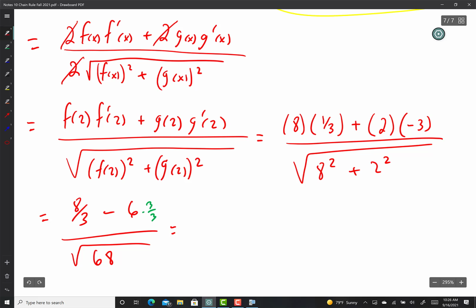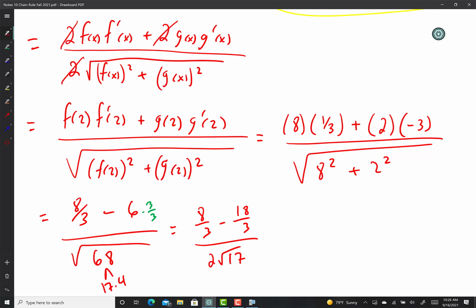So I have 8/3 minus 6, 12, 18. 18 over 3 over, now square root of 68 breaks down to 2 times square root of 17. 17 times 4 is 68, so the square root of 4 is 2. We still okay, guys?